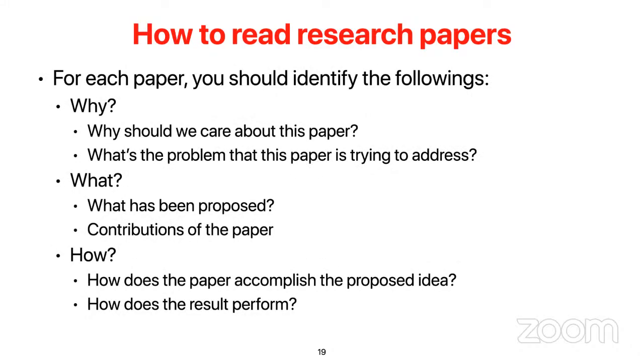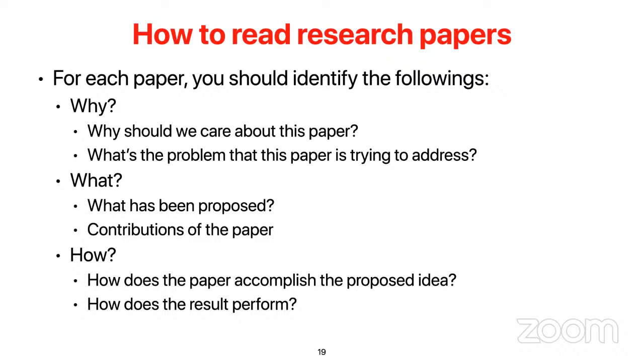So again, as I said, the things that you will learn in your life are actually categorized into 3 different parts: the why, the what, and the how. So for each research paper, here's my take on it.